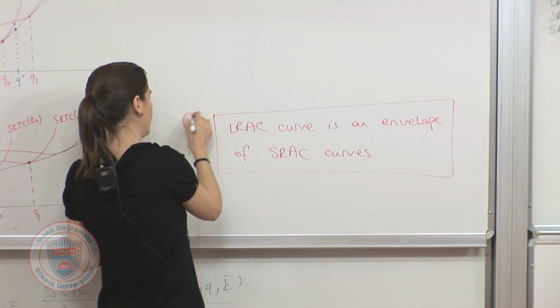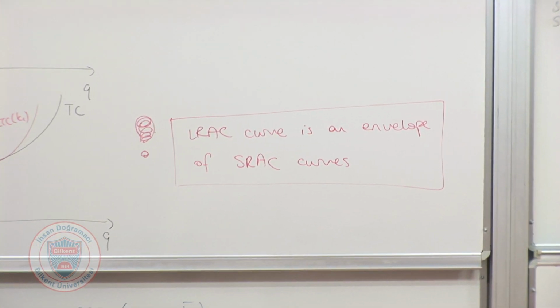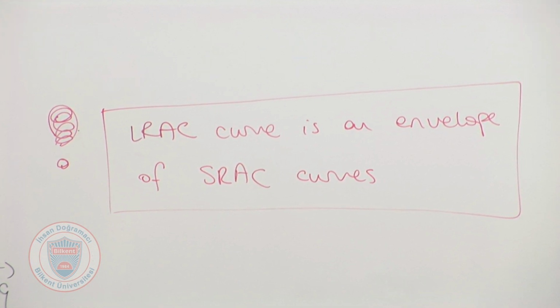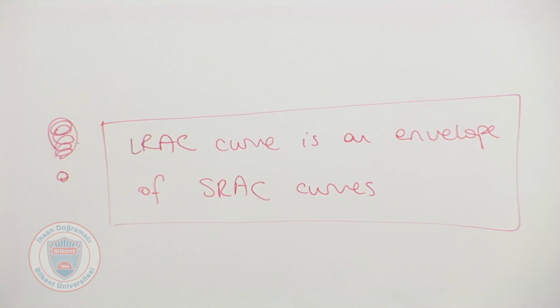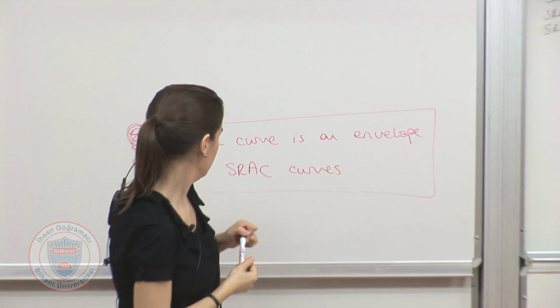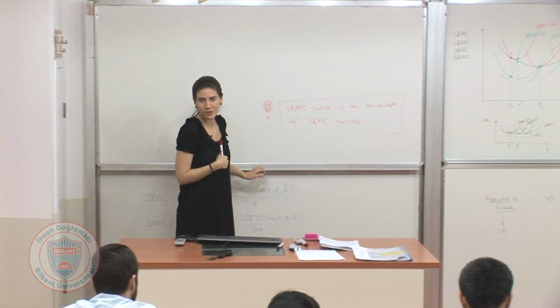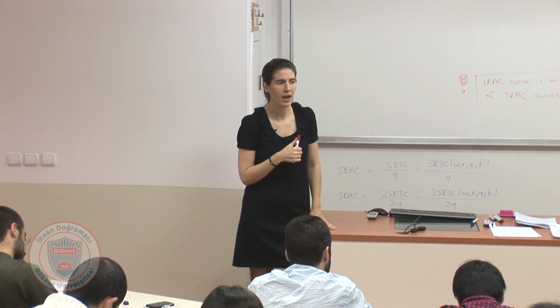Now this is the new one, okay? And I can always say that short run curves are above the long run curves, in terms of total cost and average cost, okay? This is the last thing that we have said. Now we're done with the cost minimization, okay? This was it.